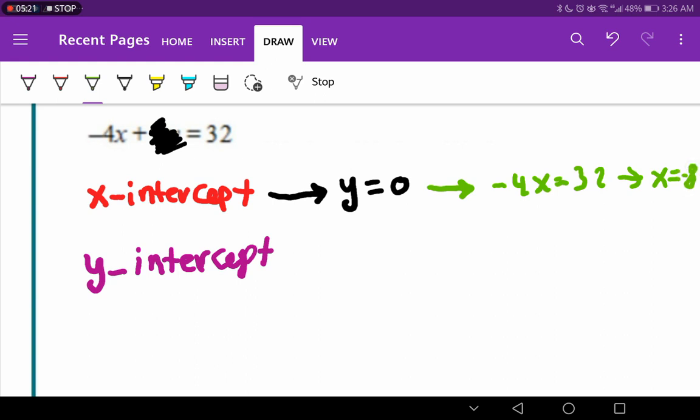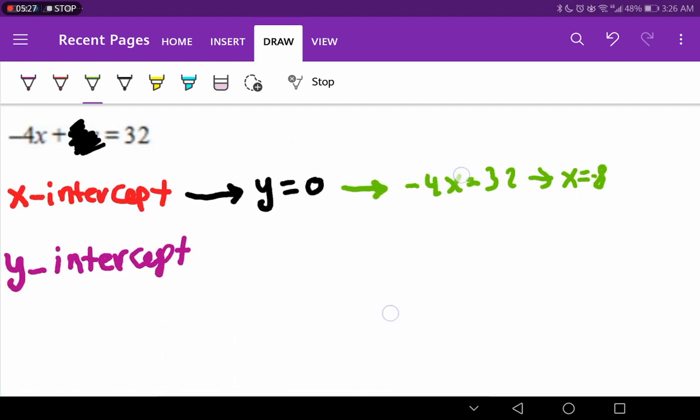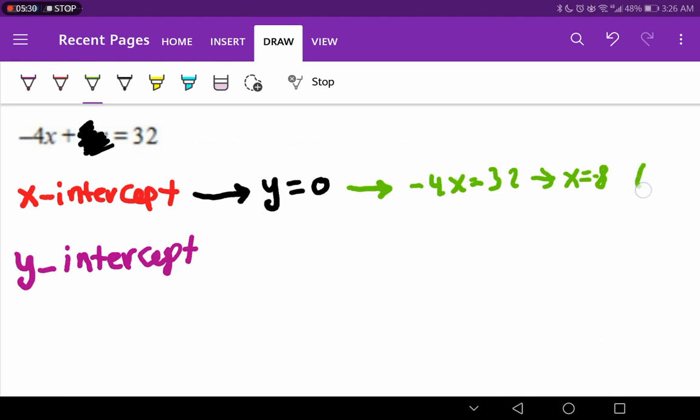So the point is negative 8 and 0. Are you happy with that?